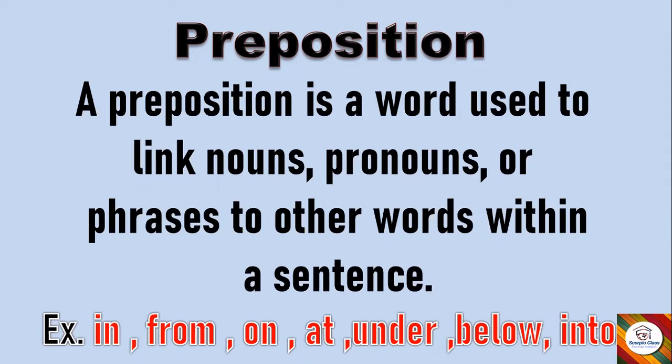So what is a preposition? A preposition is a word used to link nouns, pronouns, or phrases to other words within a sentence. Example: in, from, on, at, under, below, into, etc. There are many prepositions which can be used in a sentence to show the link or the relation.